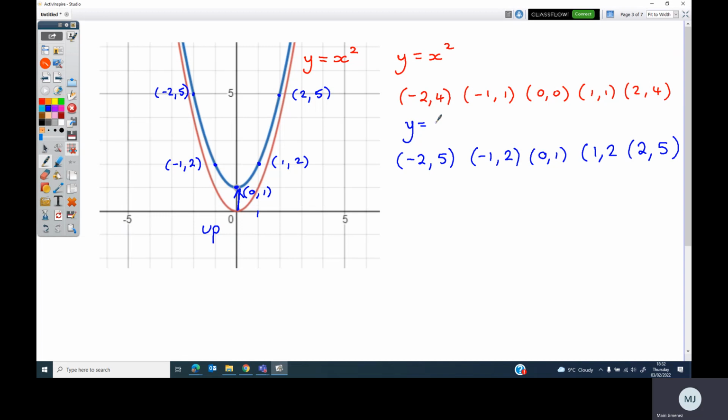So the blue graph is x squared add 1. So that's a translation, which means it's been moved up 1.